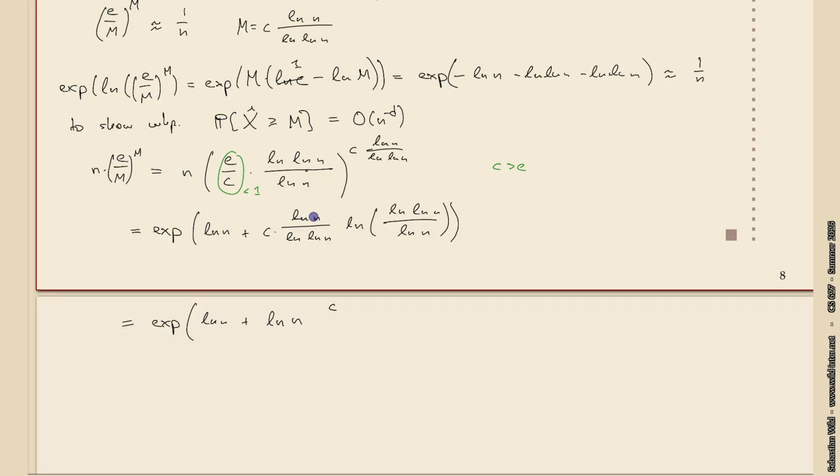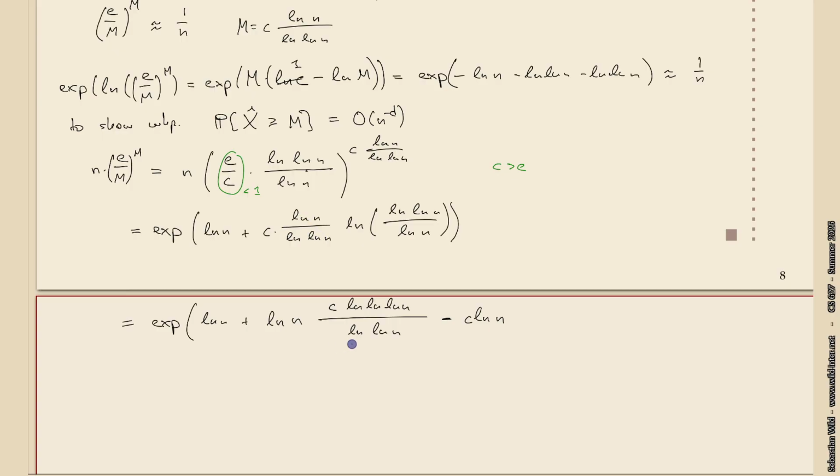So we get ln n, the log of log, that's a triple log. We'll only do this once, guys. ln n, that's from the first part. And then we have a negative term with this minus log n. And that's going to get the c ln n.